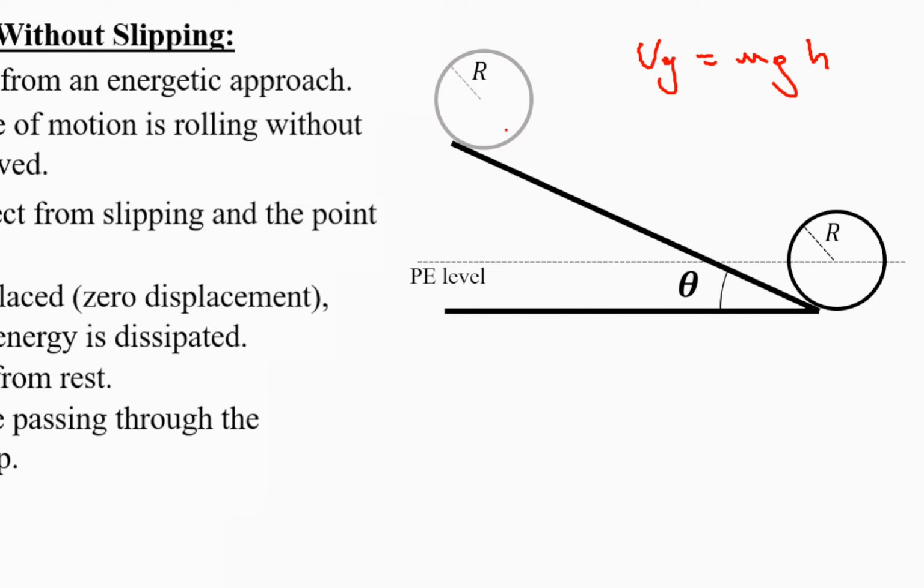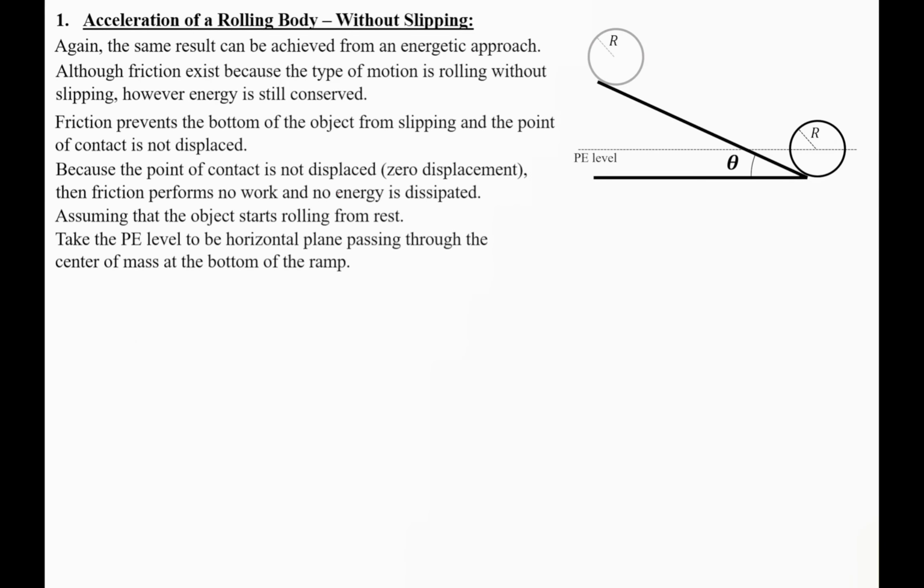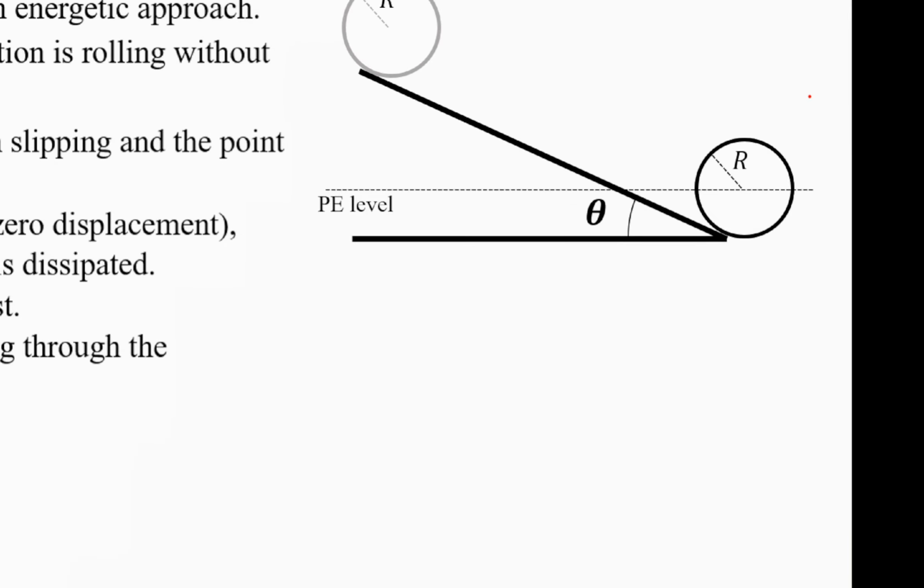Now the object has a dimension, represented by the rigid body in the diagram. h represents the distance from the PE level to the center of gravity of the object. So for this reason, we're assuming the PE level to be the horizontal plane passing through the center of mass at the bottom of the ramp. We can take the PE level to be here or here, but the more precise one, if we need to make the gravitational potential energy vanish, is the one passing through the center of mass.